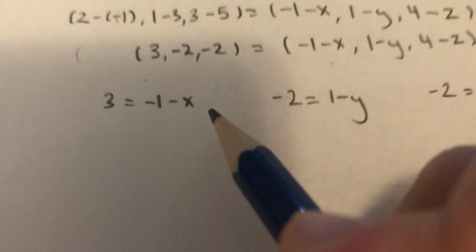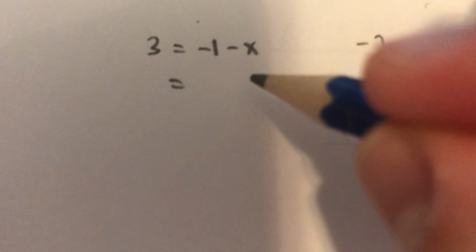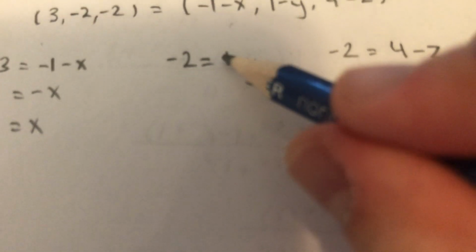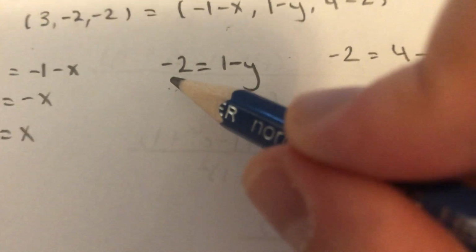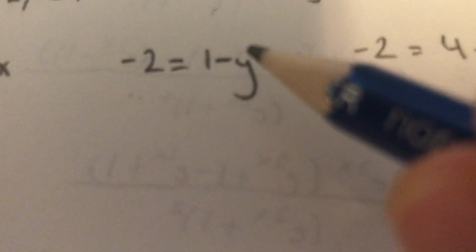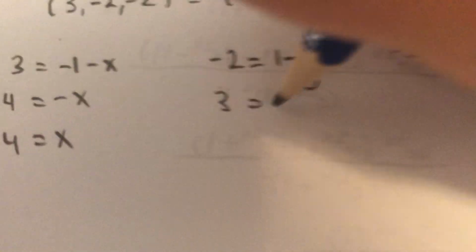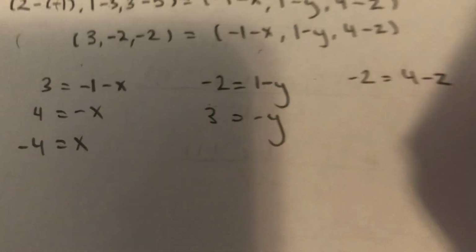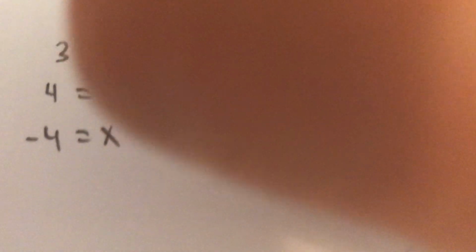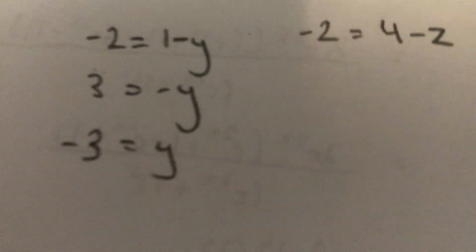So here we want to solve for x. Let's move the 1 over. By moving the 1 over here we'll have 4 equals -x, and that just makes x equal to -4. And over here, we want to bring the 1 over with the -2, and that will give us 3 equals -y, which means y is equal to -3.